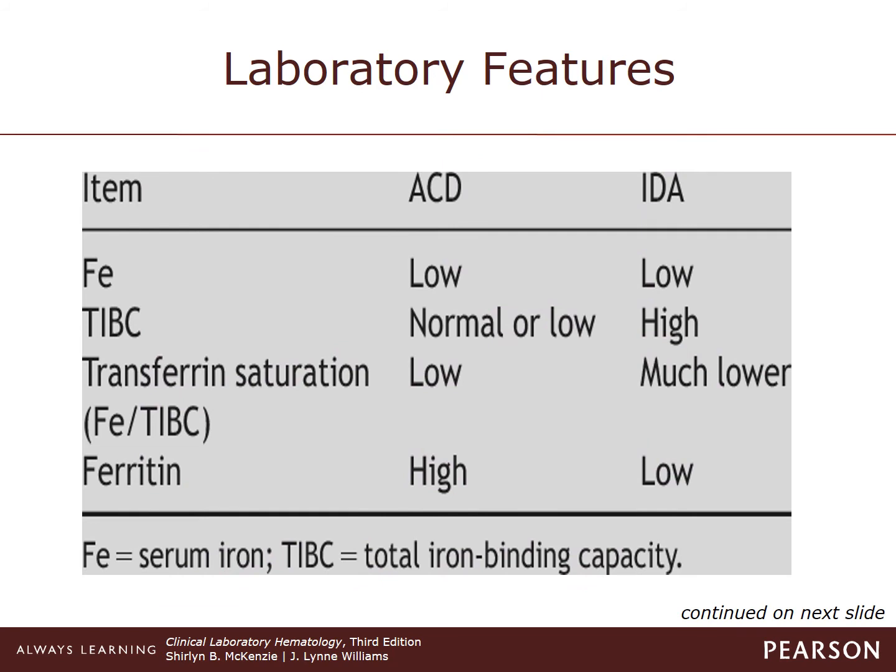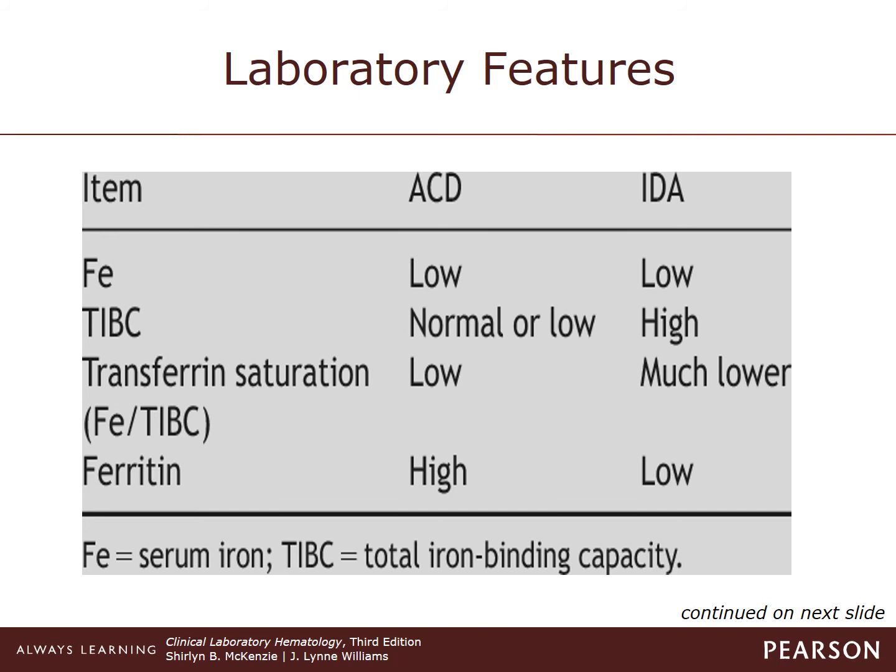Here we're going to compare the various iron studies that show the difference between iron deficiency anemia and anemia of chronic disease. On presentation, both conditions present with low iron, but the differences show with the total iron binding capacity, where in iron deficiency anemia it is high, in anemia of chronic disease it is normal or low.